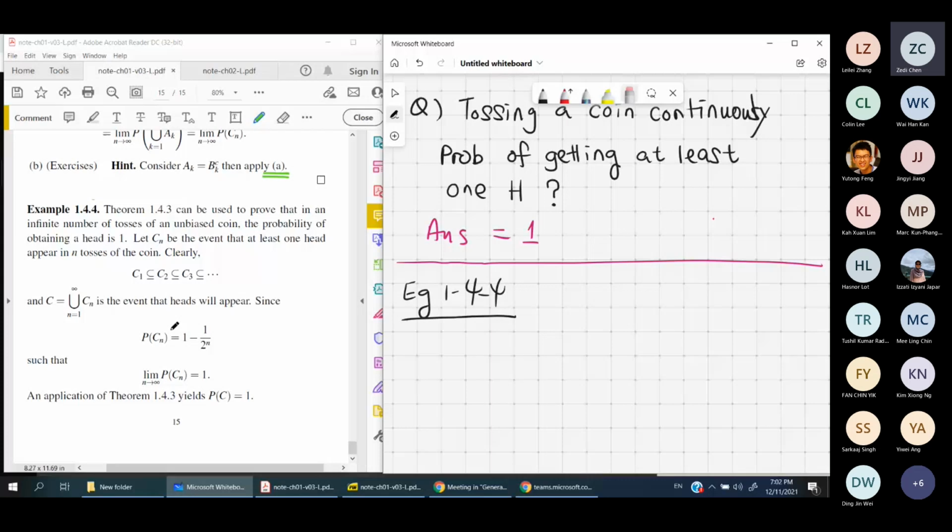Now we can see P of Cn equals 1 minus 1 over 2^n.